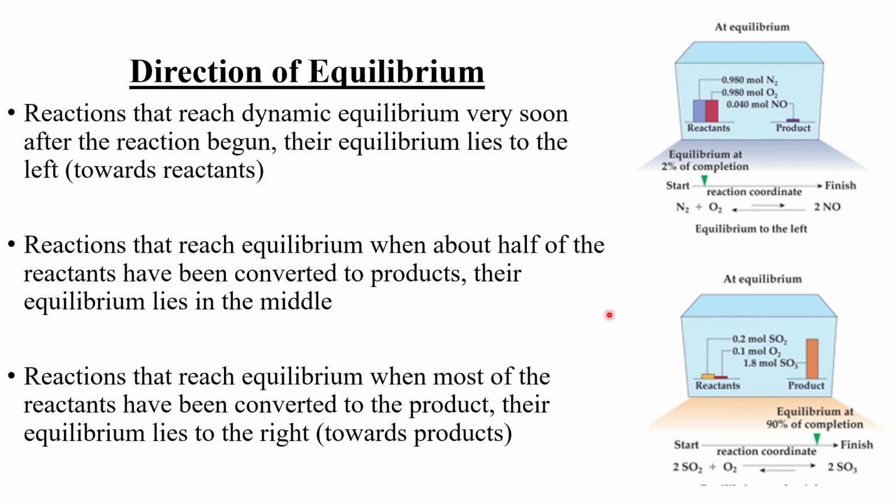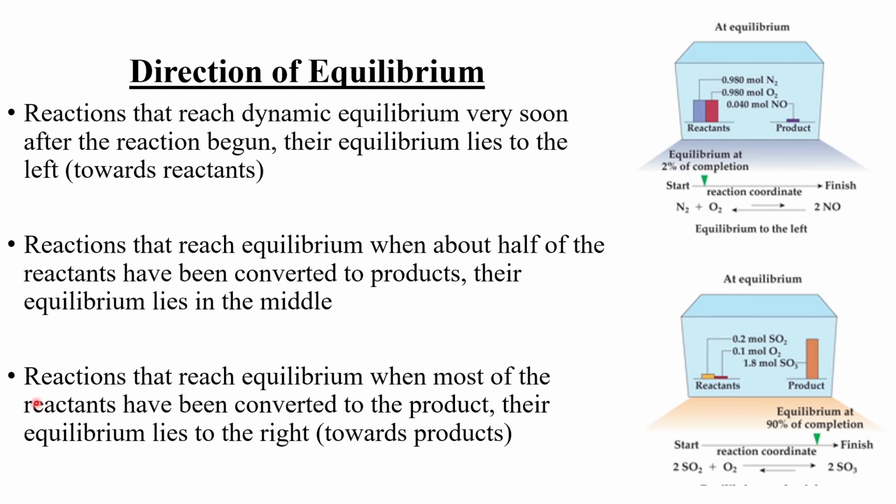I don't have an image here, but let's try to understand with this example. If we start with 1 mole of nitrogen and 1 mole of oxygen, a total of 2 moles, and 1 mole of nitrogen monoxide is produced, and then there is no change in the concentrations of reactant and product, and the rates of the forward and reverse reactions become equal, the equilibrium will be in the middle, where half of the reactant is converted into product.